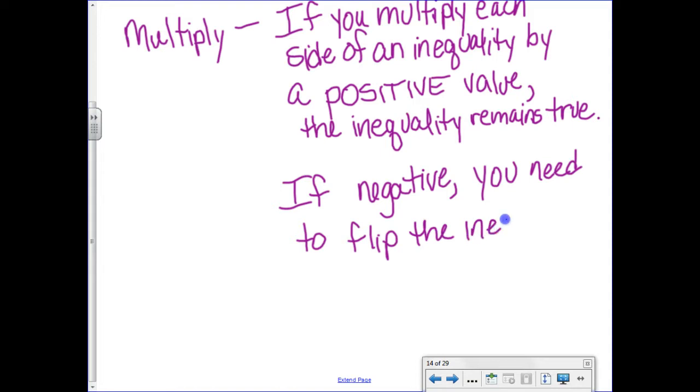The relationship changes when you multiply by a negative. I guess I can say sign here. If you want to write symbol, that's fine. Okay, so if you multiply, and I should probably add that in here, if multiplying by a negative, it's not just that the number on the other side is negative.